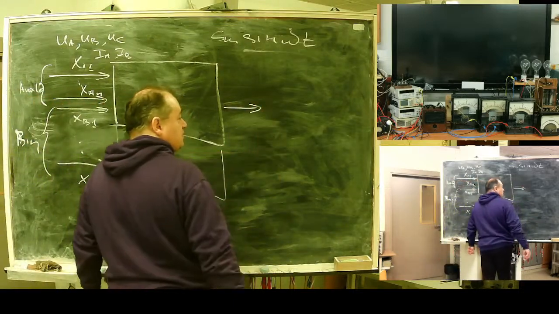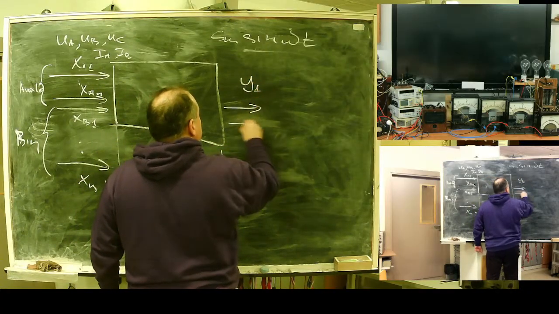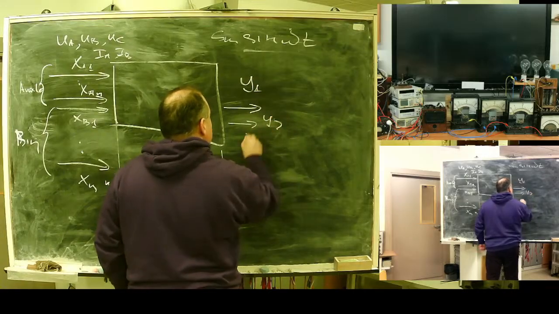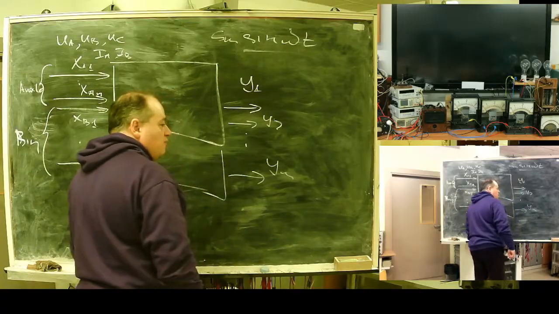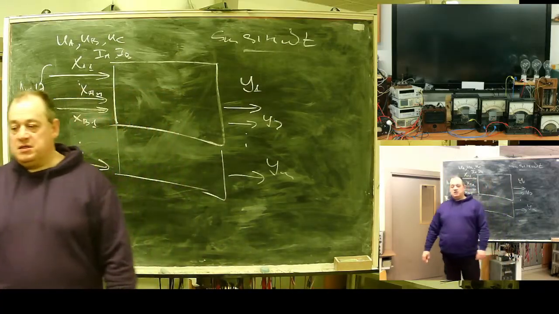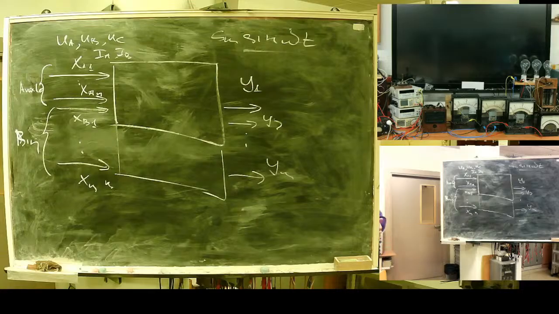Our device produces outputs, many outputs. What are these outputs? They can be analog, but mostly they are binary. What can it be? Disconnect switch, increase excitation current, decrease excitation current.